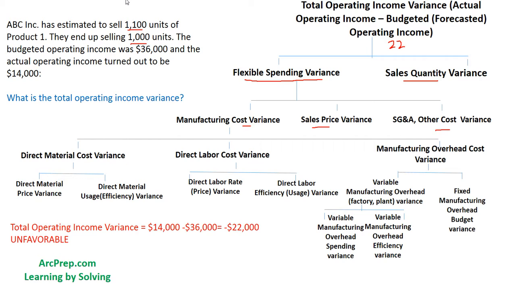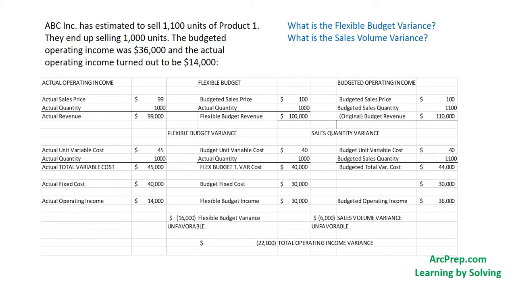So let's take a closer look at flexible spending variance versus sales quantity variance. What we are seeing here is the actual operating income. There's an actual sales price, actual quantity, and the revenue. We have actual unit variable cost and actual quantity, so actual total variable cost.